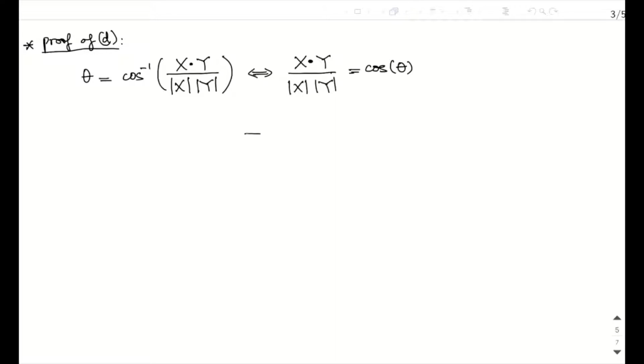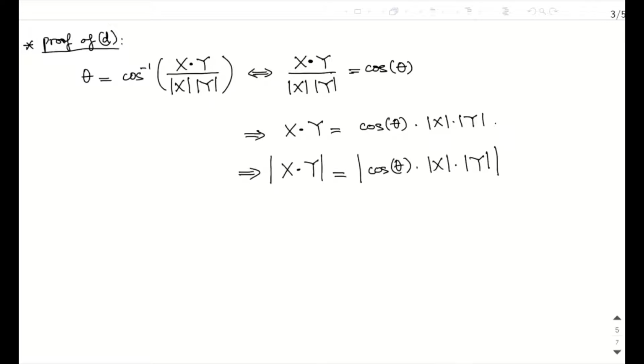This is going to give you x dot y equals cosine of theta times the length of x times the length of y. Next, you are going to take the absolute value of both sides. Now, what is the difference between this guy, and the two things inside?